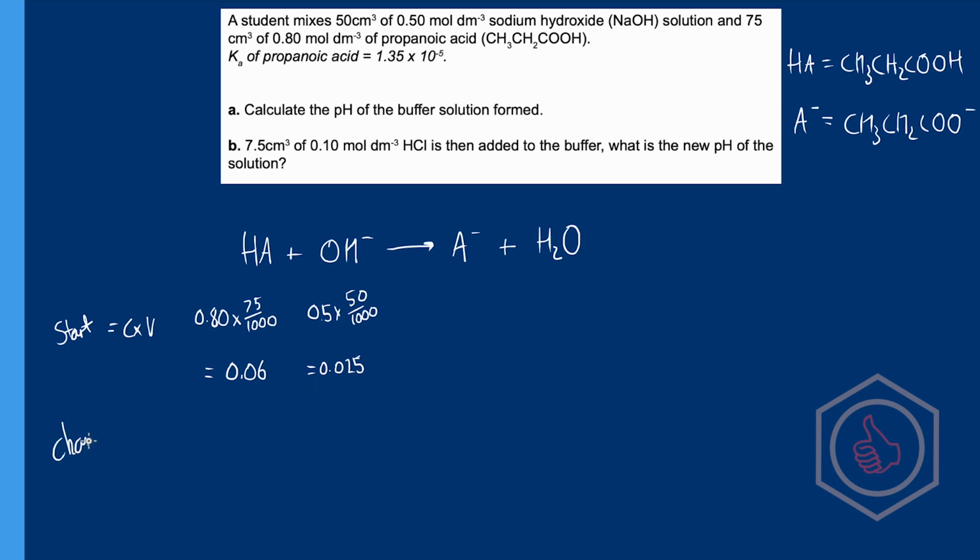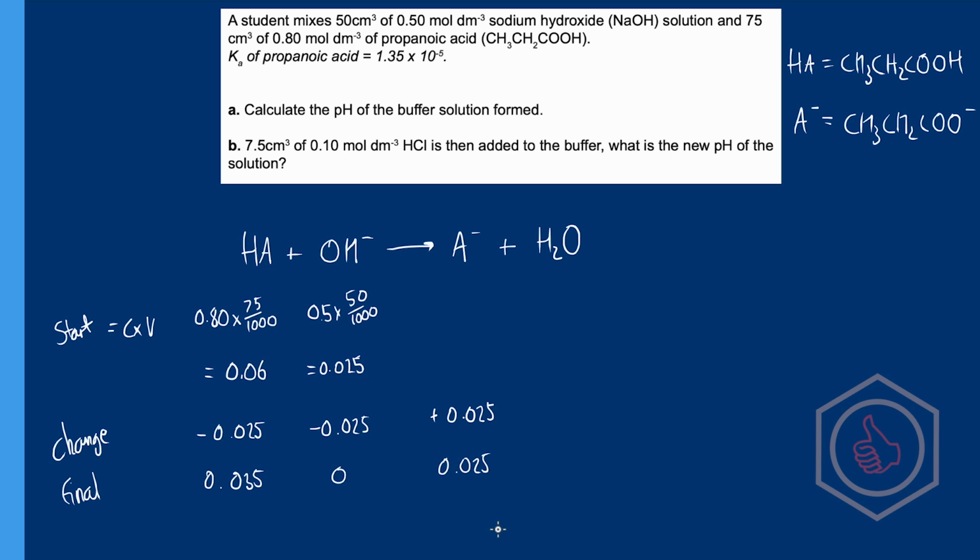So the change in moles of our HA is going to be minus 0.025, and obviously minus 0.025 for OH minus ions, but this is going to make 0.025 moles of A minus because it's a 1-to-1 ratio. This is going to give us a final moles of HA in the buffer system of 0.035, OH minus are now 0, and A minus 0.025. Great, so this is what happens when the sodium hydroxide reacts with the propanoic acid.